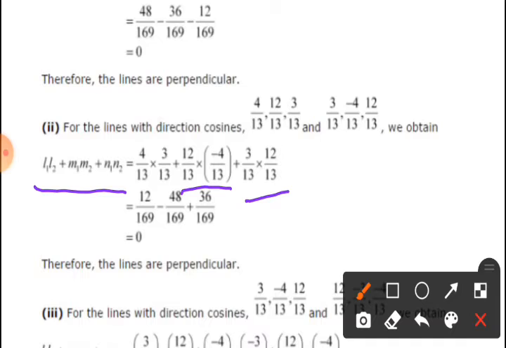So 12 by 169 minus 48 by 169 plus 36 by 169. After simplifying, we get 0. The lines are perpendicular.